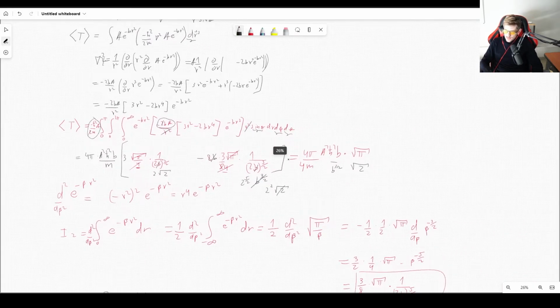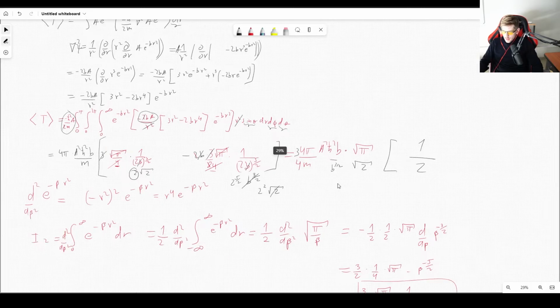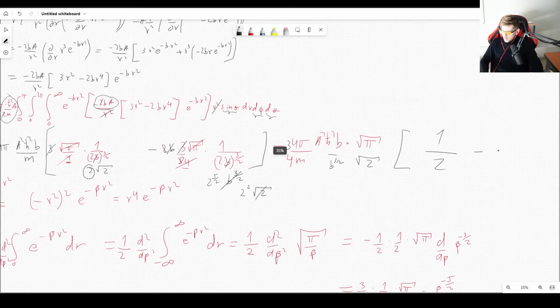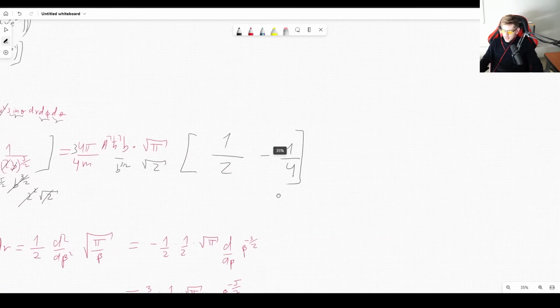Oh, and we can also factor out a 3. So that leaves us with 1/2, right, from here, and minus, let's see, 1/4 from this. And we covered everything. So now let's begin simplifying.